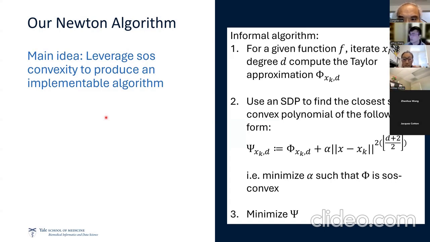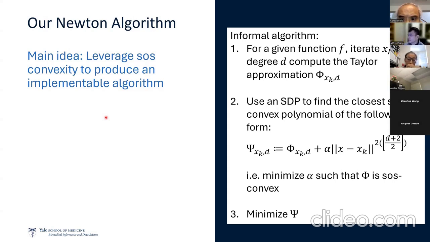And the coefficient in front of the regularization term is not entirely trivial to find, because it depends on a Lipschitz constant that we shouldn't expect to know. So we're going to find that with semidefinite programming.